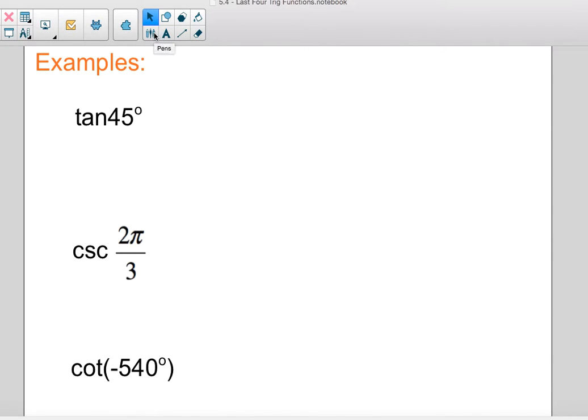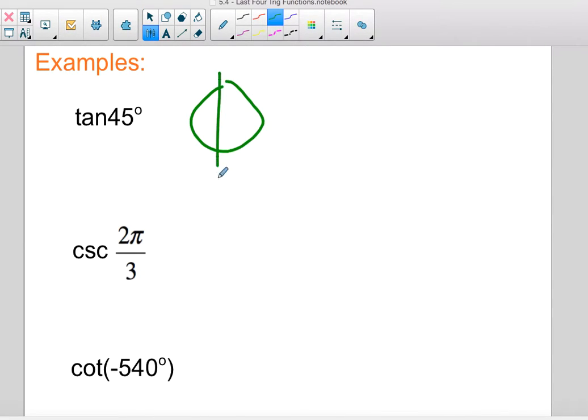Think about tangent of 45 degrees, right? If you wanted to draw an angle, 45 degrees, you can draw a circle if you want. But 45 degrees spits you out right there. So tangent of 45, this is the unit circle. We know that this coordinate point is root 2 over 2, comma, root 2 over 2. And the radius would be 1.